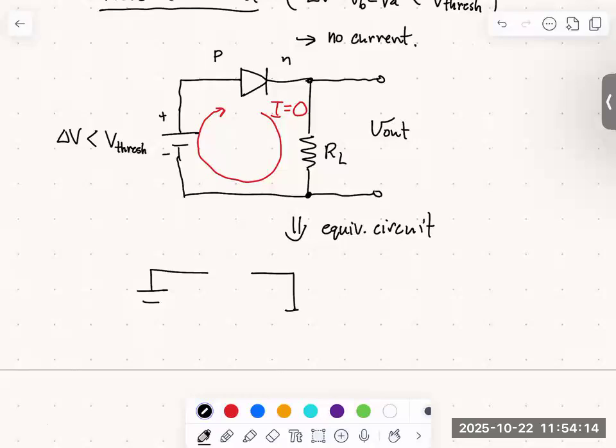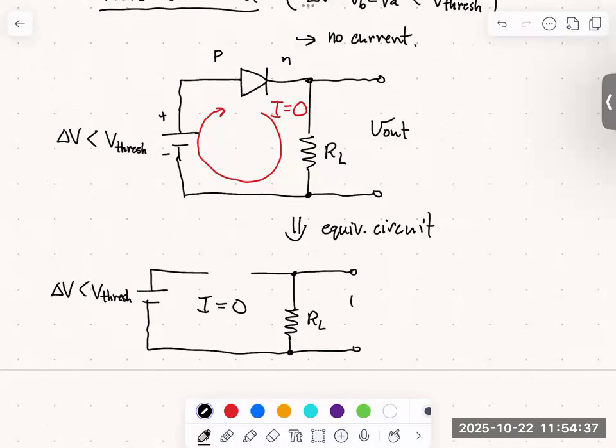If we break the circuit, then there can be no current, which is exactly what the diode is causing. So this is our delta V. It's still less than V threshold. We'll just say I is equal to 0. This is our RL. If we're measuring the output of our circuit across this resistor RL, well, the voltage across a resistor is just I times RL, but I is equal to 0, so we get 0 output.